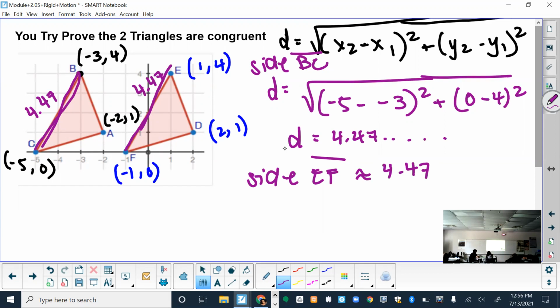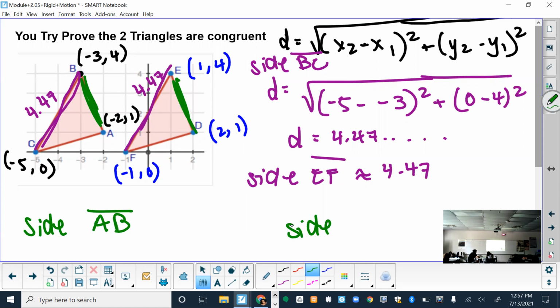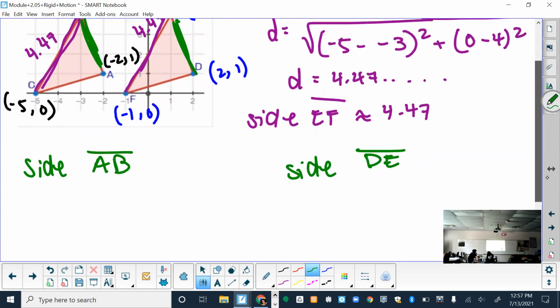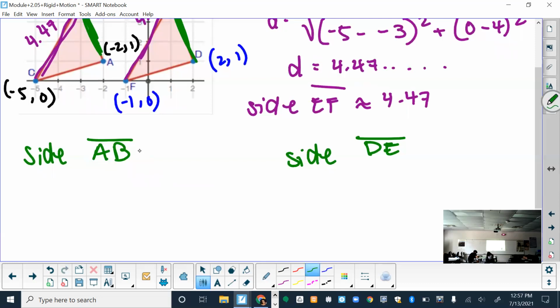All right, now what about for side AB and side DE? Did they equal the same measurement? What did we get for those measurements?